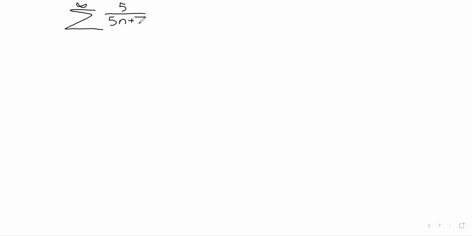So when n is a billion, and we have a +7 or a -2 or whatever, these fiddly little things, when n is getting big, 5 over 5 billion versus 5 over 5 billion and 7, the 7 basically might as well not be there. And 5 over 5n, those 5's cancel. That's 1 over n. That's the harmonic series. The harmonic series diverges.